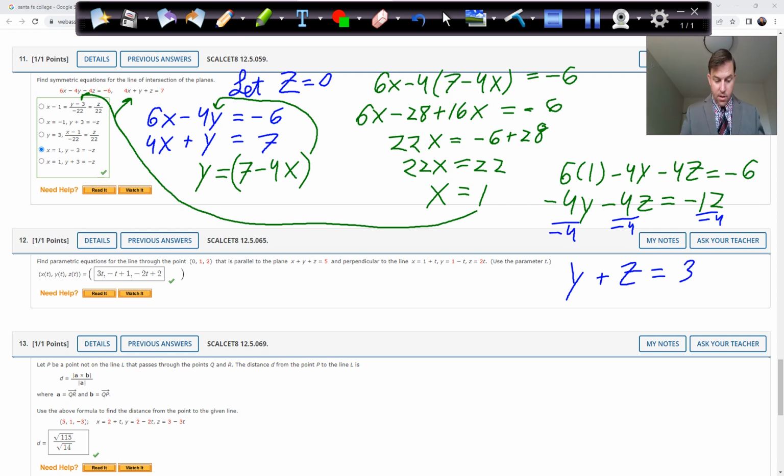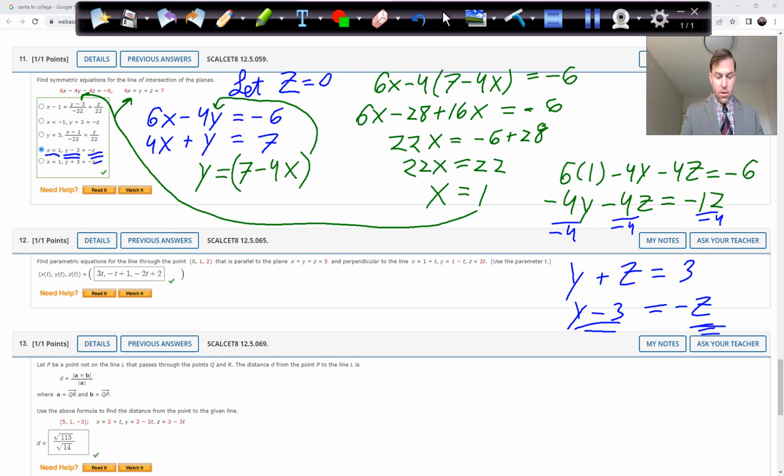And we can basically get z on one side, y on the other, and we'll get y minus 3 equals negative z. So we're going to move this z over, it becomes negative, move the 3 over, it becomes negative, and the answer is this one. So we forced x to be 1, we just solved y, that's the same as y minus 3, and that's the same as negative z.